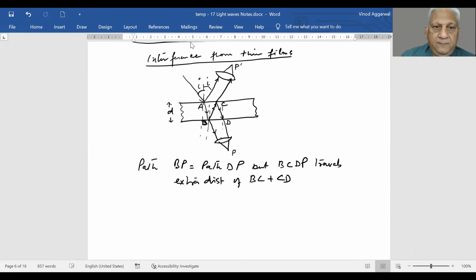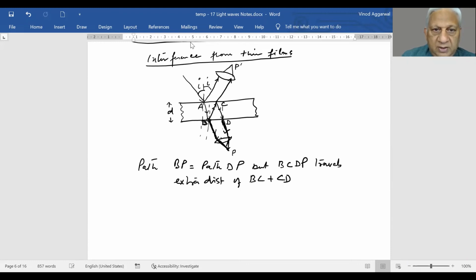What it says is, if we say BP, the path of ray going from this point to this point and to this point is this much, whereas this path is same.